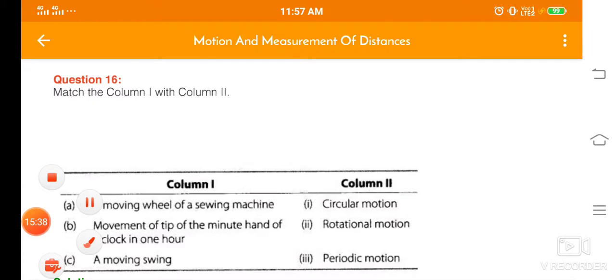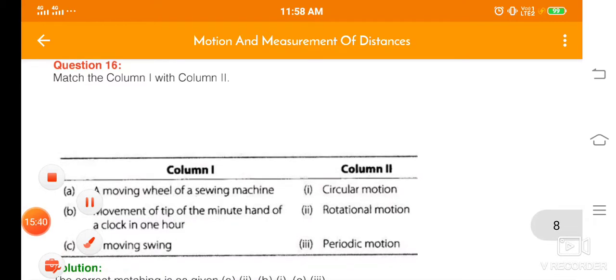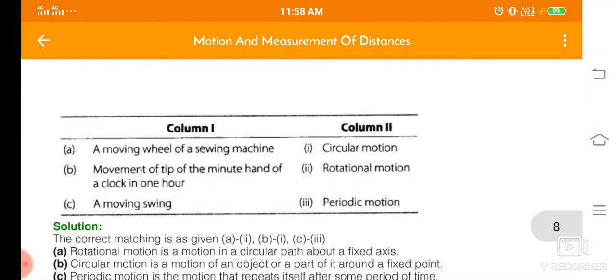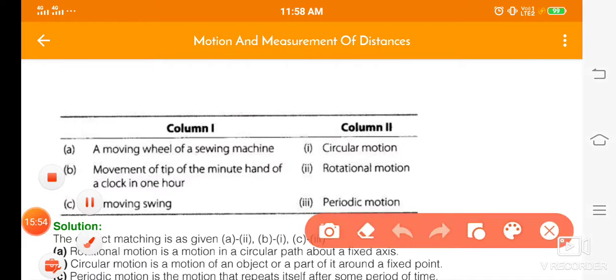Match the column with column second. So start now. A. Movement of a moving wheel of a sewing machine. Answer is rotational motion. Next is B. Movement of tip of the minute hand of a clock in 1 hour.